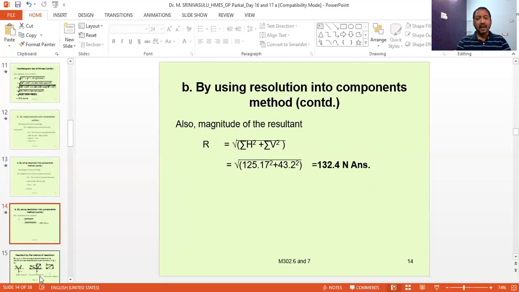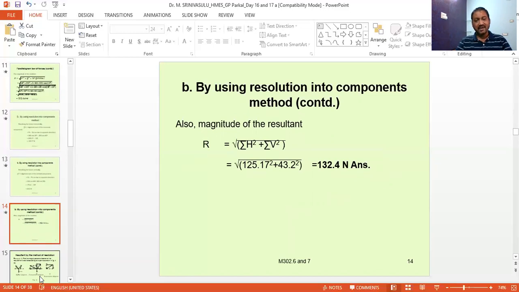Now we can find out the magnitude of the given resultant force. R is equal to under root of sigma H whole square plus sigma V whole square. So that is equal to under root of 125.17 whole square plus 43.2 whole square.